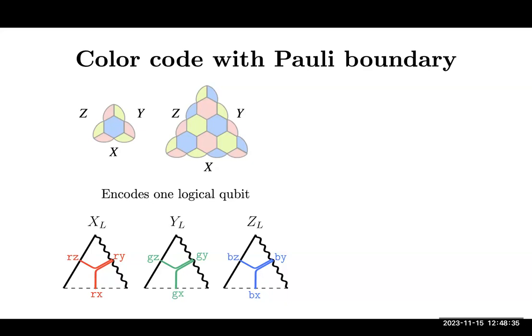You create an RZ from the boundary, and you move it to the bulk and fuse it. And similarly for YZ, changes to green and blue. And you see that the red and the blue, if you put them on top of each other, they'll anticommute, exactly what you get to see.